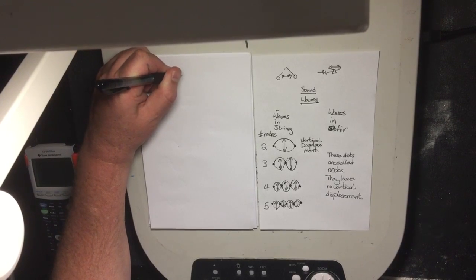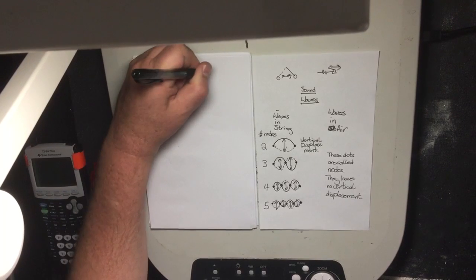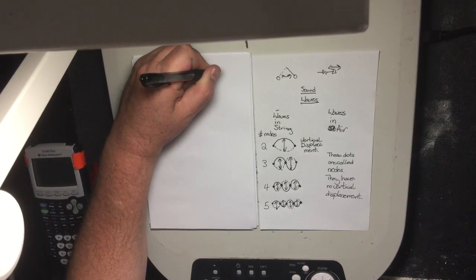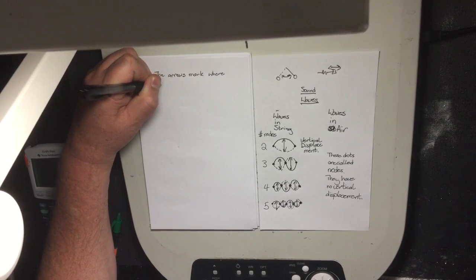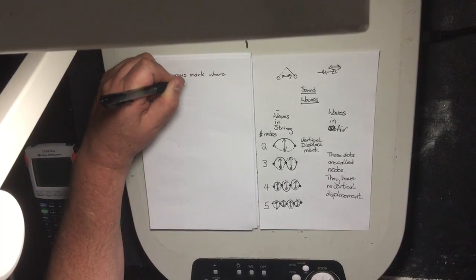The arrows mark where the antinodes are.